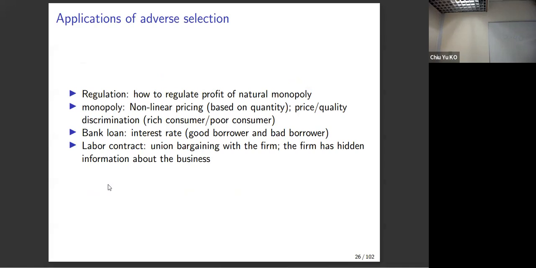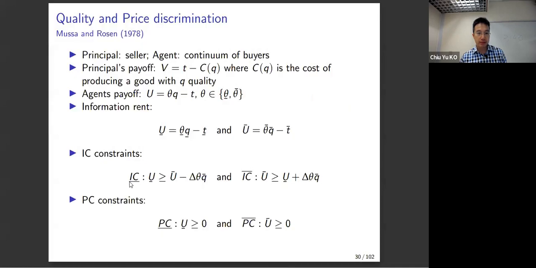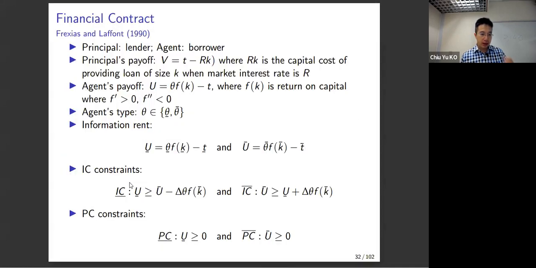Later I will go to that. It's financial contracting. I don't know whether the one who tried to borrow from me is good or bad.